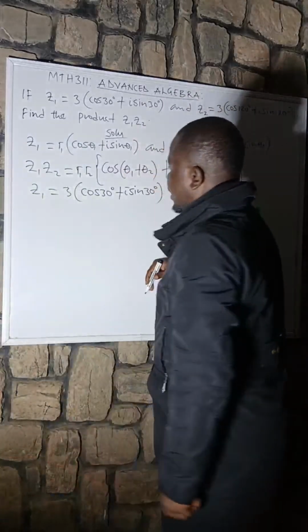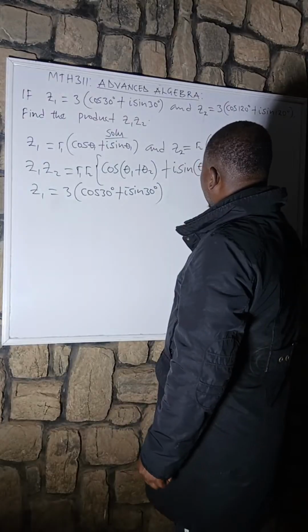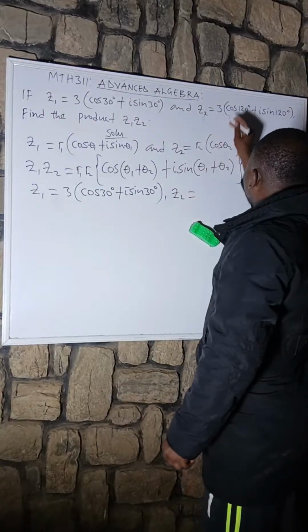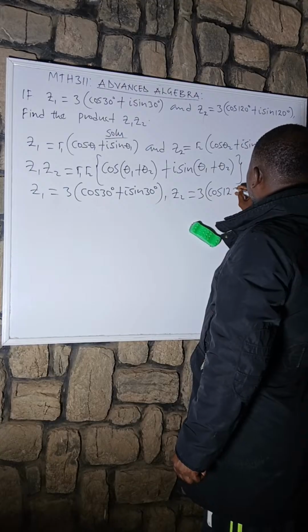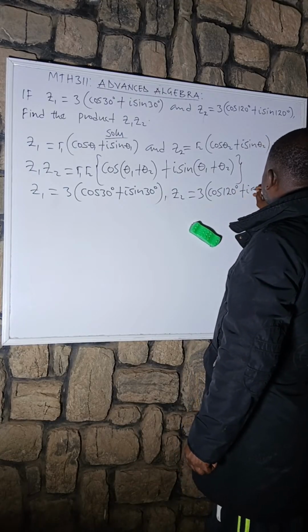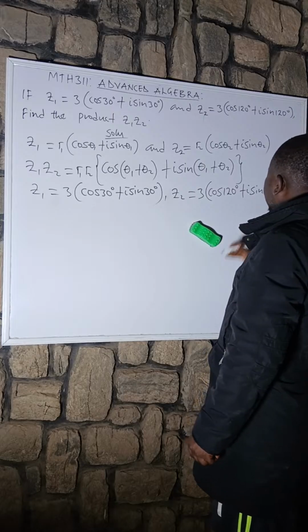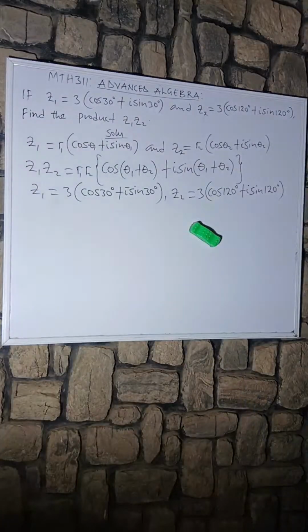And Z2 equals 3, open brackets, cos 120 degrees plus i sin 120 degrees, right? Do you agree with me? Okay, look at the board.